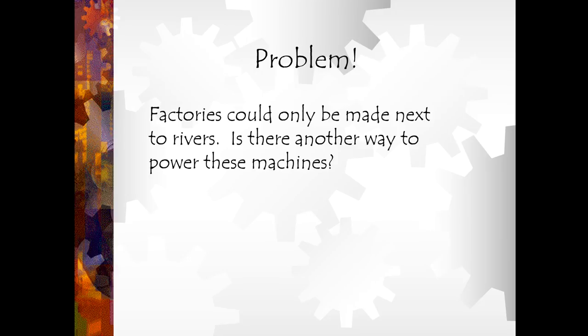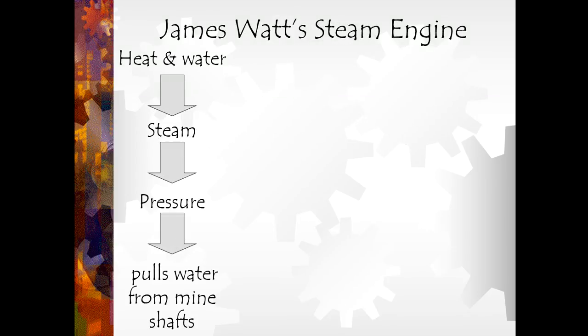So if it is an iron smelting factory, if it is a coal mining operation, is there a way that we can build a factory near our sources of power, so near coal, for example, or near our natural resource that we're using?